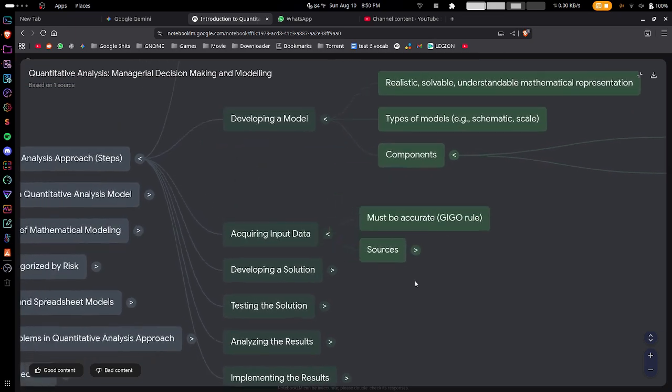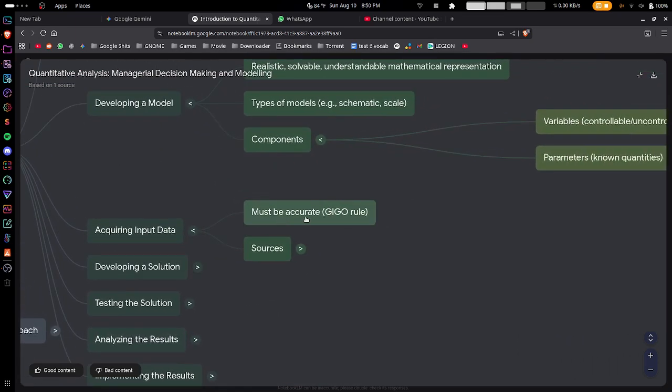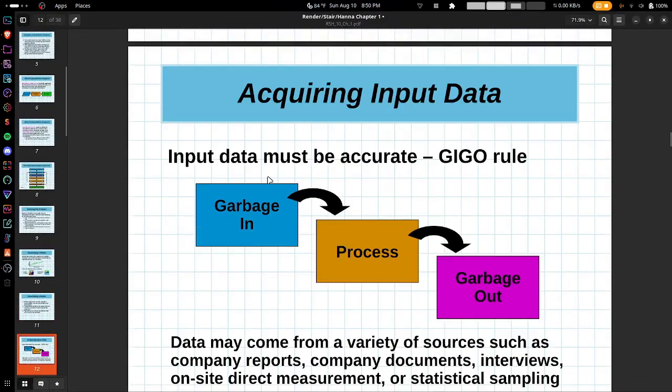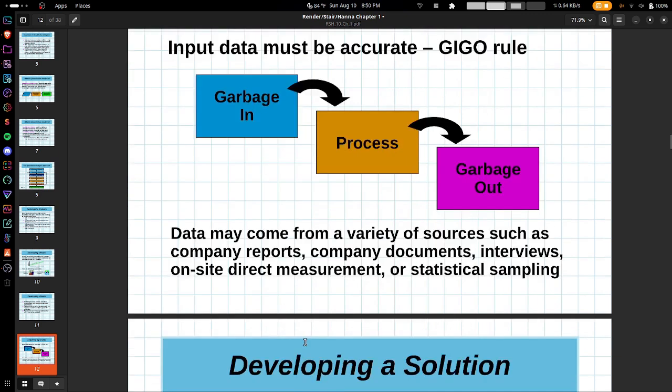Preparing data. It must be accurate. Input data must be accurate, it's the GIGO: garbage in, then processing that, and garbage out. Data may come from a variety of sources such as company reports, company documents, interviews, on-site direct measurements, or statistical sampling.